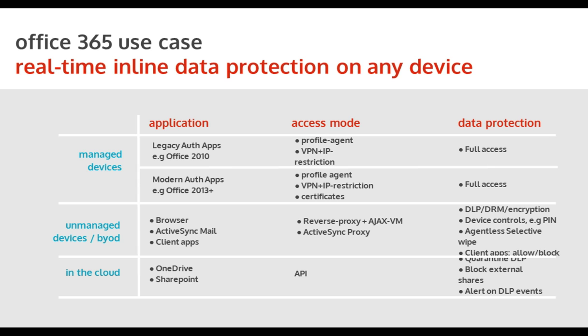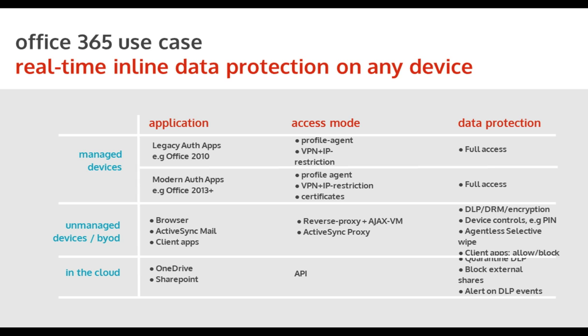So if a client, for example, is connecting using a legacy Office Outlook, then you want to be able to control such that only a managed device can have that application. So if an unmanaged device tries to connect, you can discard that connection.